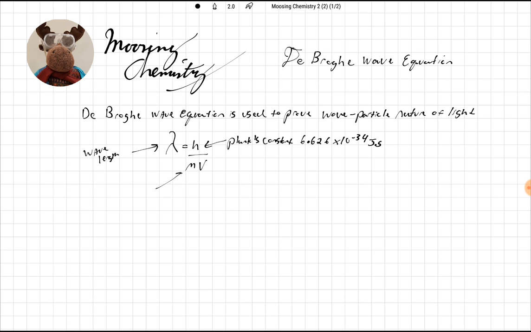And we know that m represents the mass of an electron in kilograms. Okay, and wait a minute. We thought that v was frequency, right?